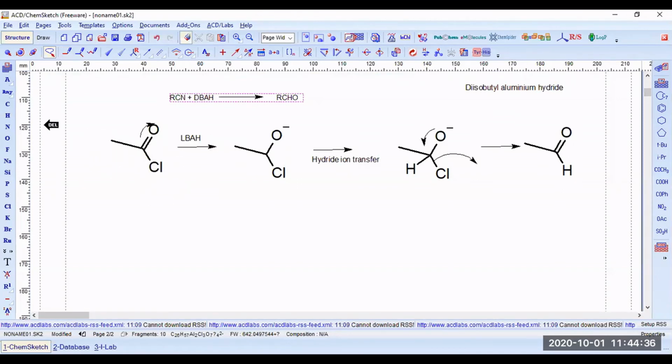If you react acetic acid with, how will you get acetic acid chloride? Now if you want to get acid chloride, we are treating it with SOCl2.